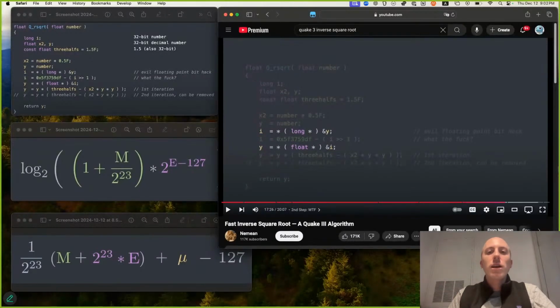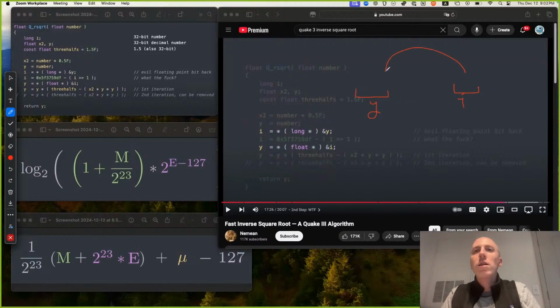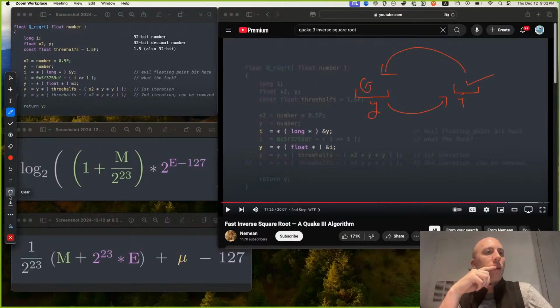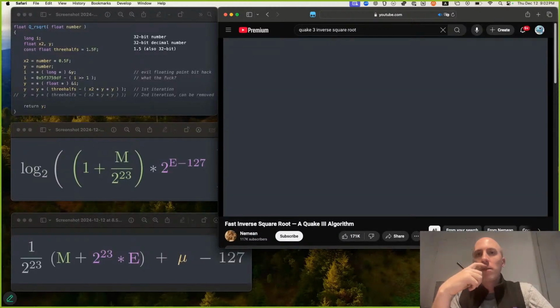It's kind of like we started off with I, we copied them over into Y, we did some stuff here, and then we copied them back over into I. Not the exact solution, just an approximation. This is why we need the third step.